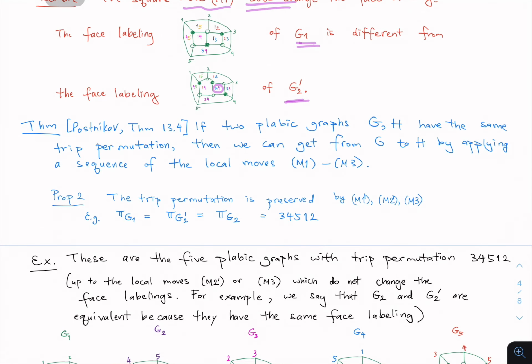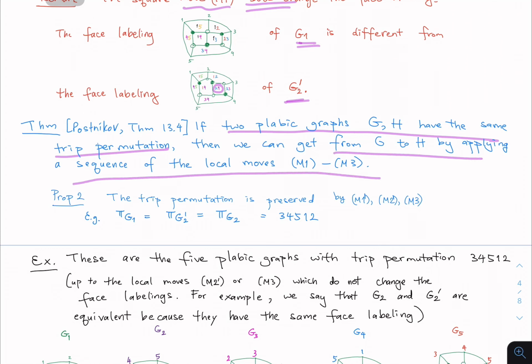And we've said before that if two Plabic graphs have the same trip permutation, we can get from one to the other by applying a sequence of the local moves. Here I replace M1 and M2 with M1 and M2 prime, and the trip permutation is also preserved by these local moves.